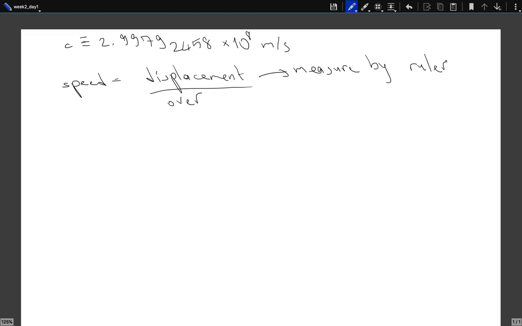Which means, what do you mean by a ruler? A predefined distance. How do you define that distance?